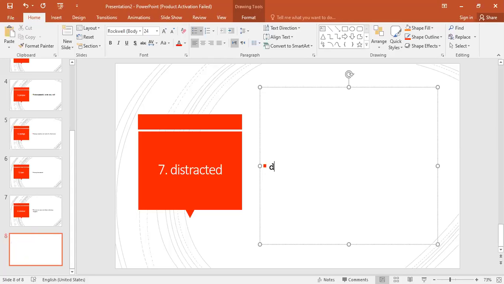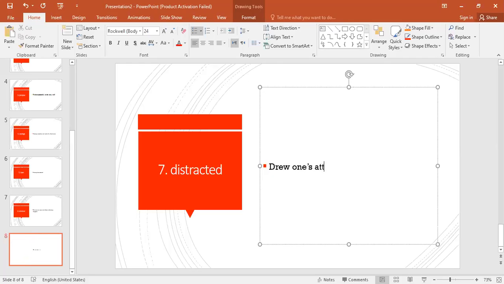Which definition do you guys have in your book? Do you have one like me? When your attention is drawn away from something? Draws one's attention away from what one was doing or thinking. Distracted is past, so it should be drew, right?